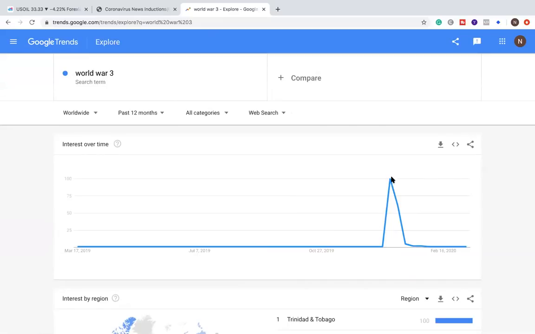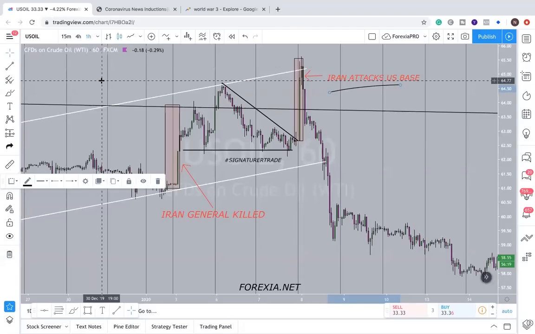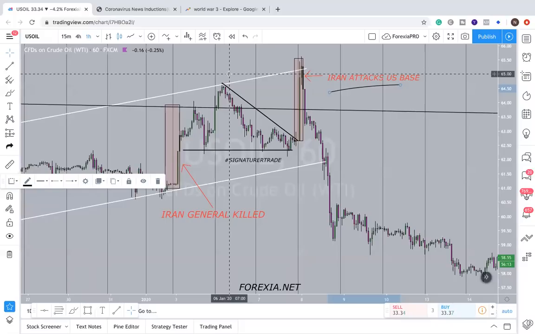Everyone was talking about it. Who wasn't talking about Trump trying to create World War III? All of this BS, right? Who's talking about it now? Who's talking about World War III now? Nobody.